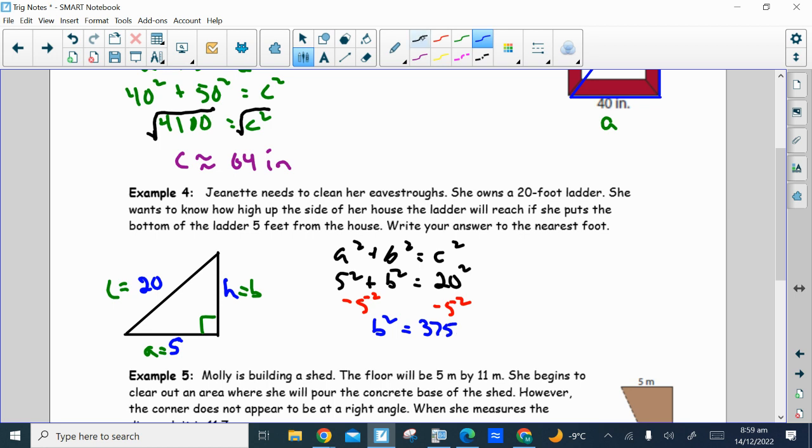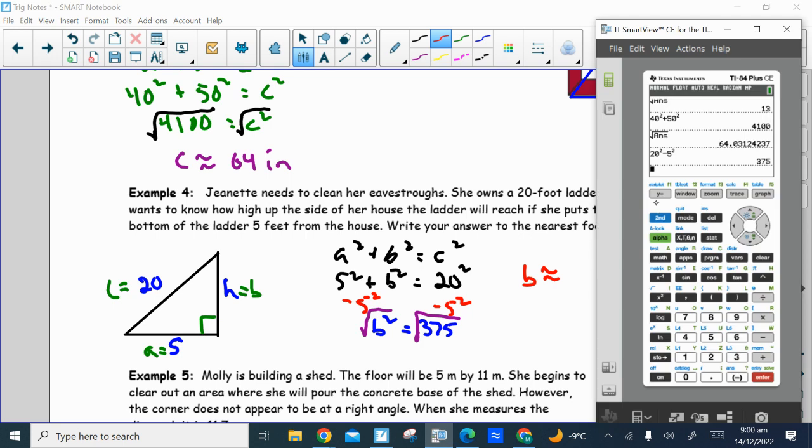And now we'll take the square root of both sides to get b, and we're going to round that to the nearest foot, it says, which would be the square root of the 375. Approximately 19 feet to the nearest foot.